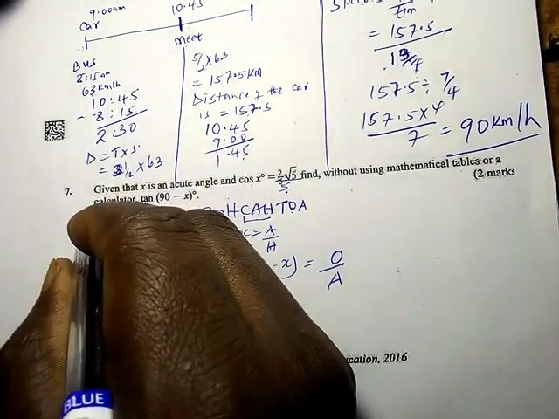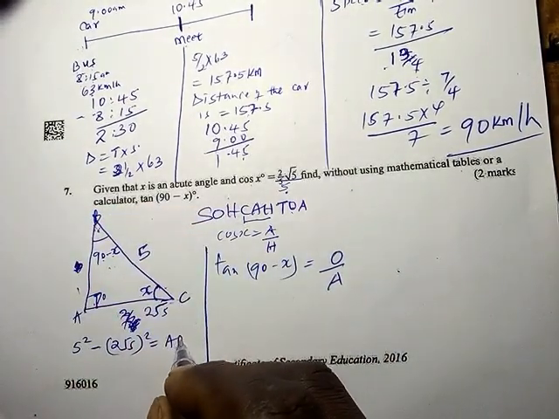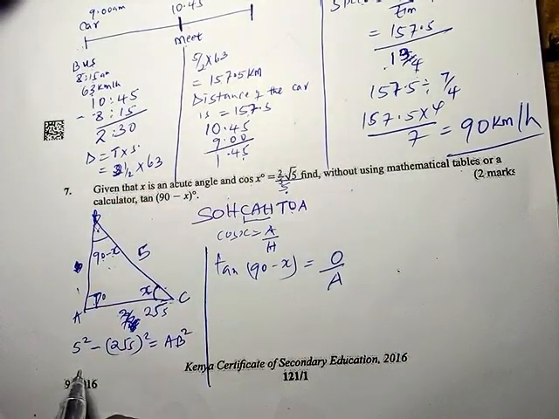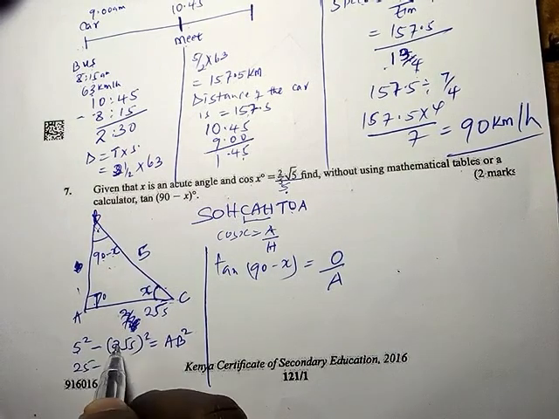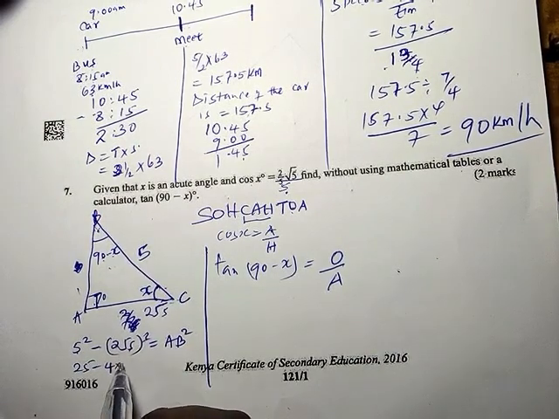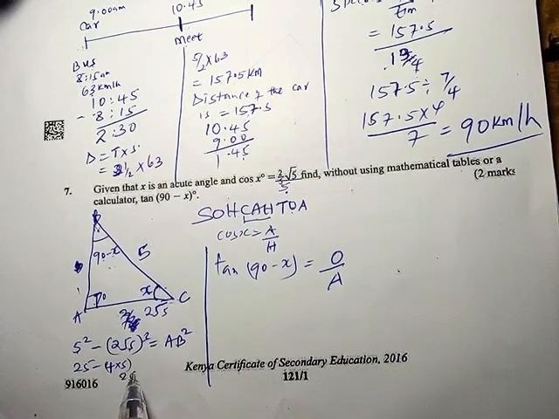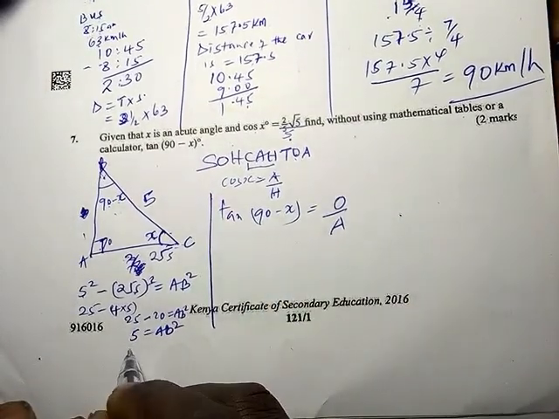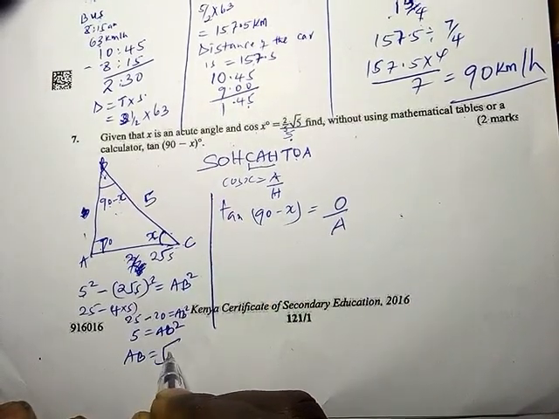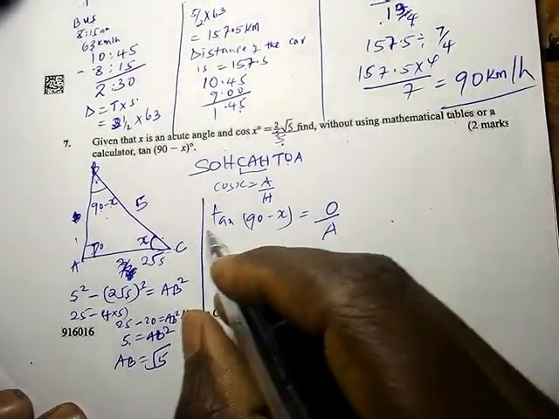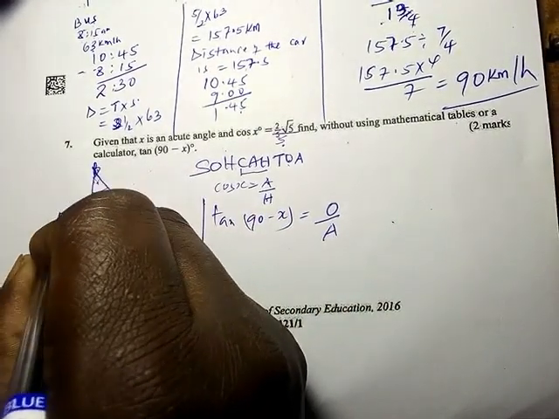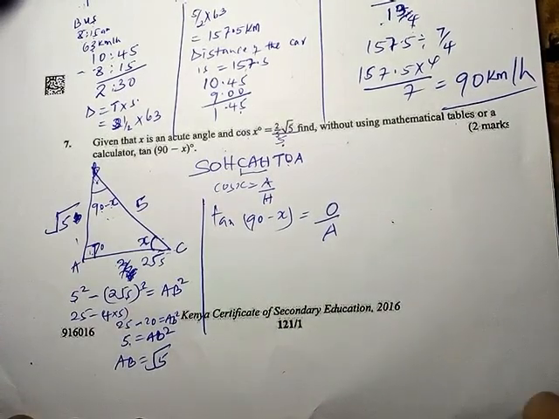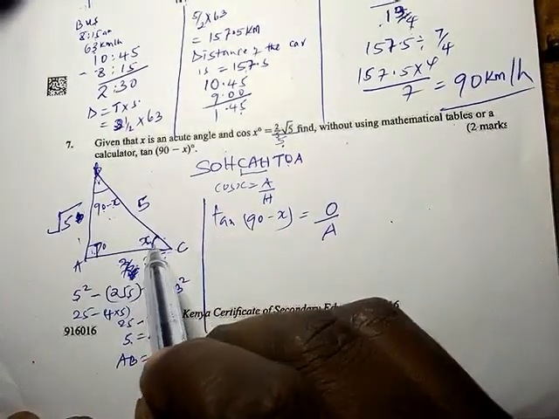Let me call it ABC, so it will give me AB squared. That is 25 minus 20, which is 5, so AB squared equals 5, and AB is the square root of 5. So from here up to here is root 5. By doing this, you have shown that you did not use a calculator.